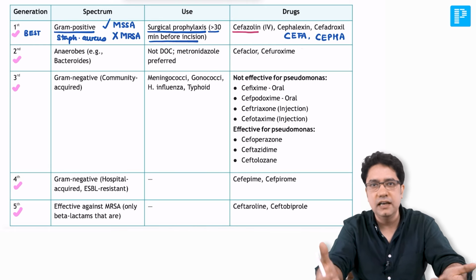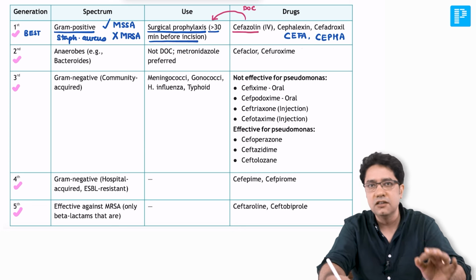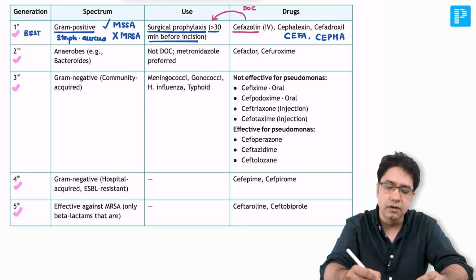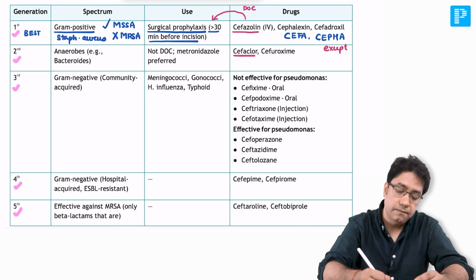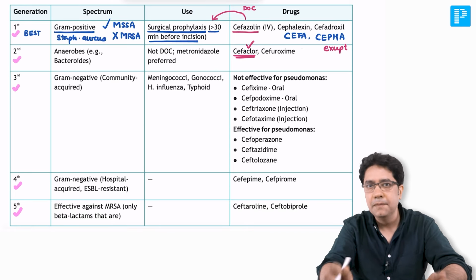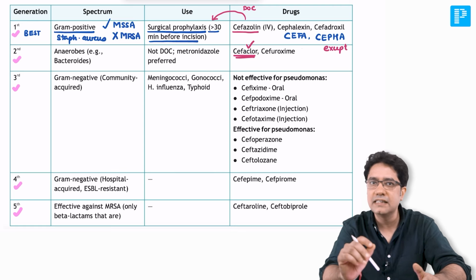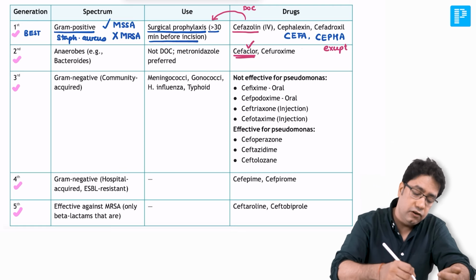Similarly, Cephalexin, Cefadroxil, and Cefazolin, being an IV drug, is considered the drug of choice for surgical prophylaxis. But there is one exception we have to remember: Cefaclor. Cefaclor also starts with Cepha, but it is not first generation; it is classified in second generation cephalosporin.